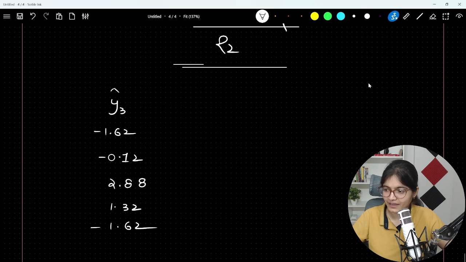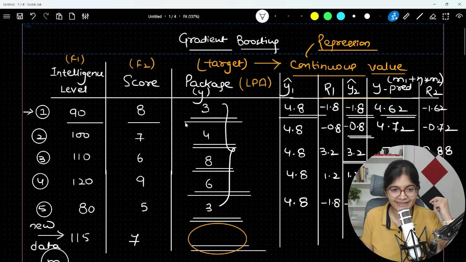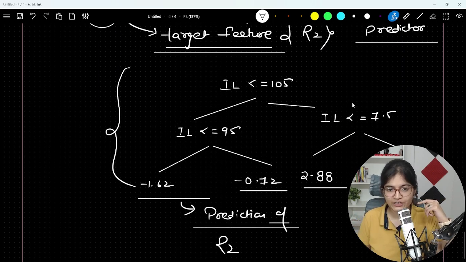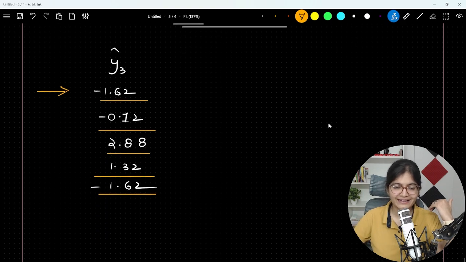How am I getting that? For every record, for example 90 and 8, see what prediction you get. With 90 you will go here, so the residual comes out to be negative of 1.62. Similarly, you can check the other records also, and this is the final prediction given by your model.